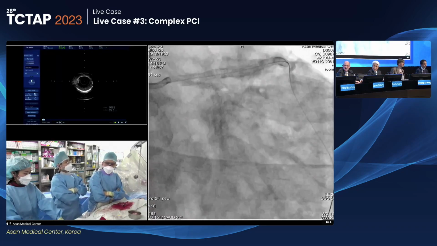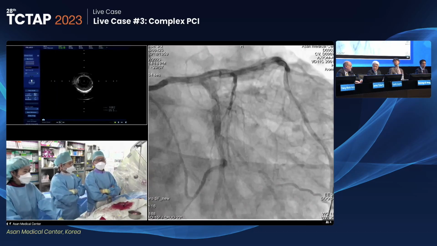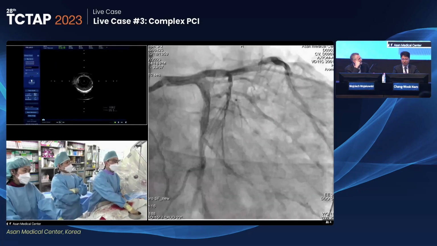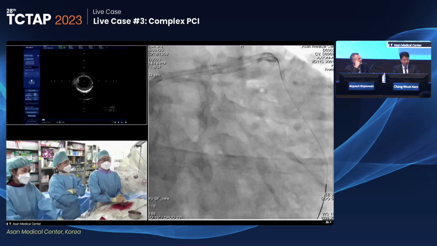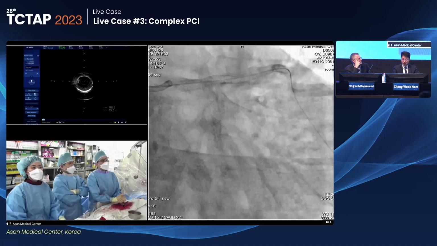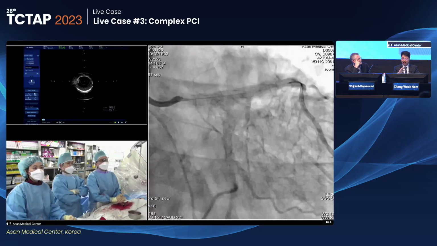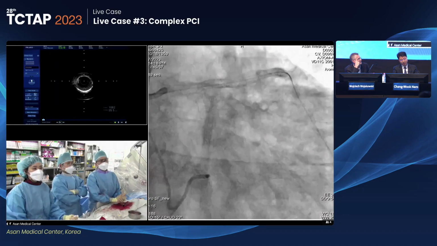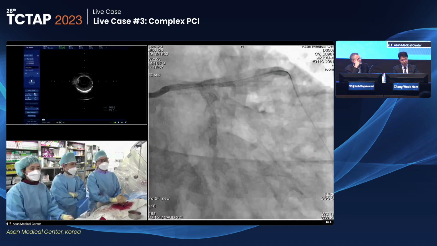Actually, I totally agree with your opinion, because in the first case, ISR, maybe the mechanism was geometric growth, but this case is definitely under-expansion of calcification. So we didn't treat that kind of under-expansion, especially at the ostium of the LAD, so the patient has a high risk of restenosis.